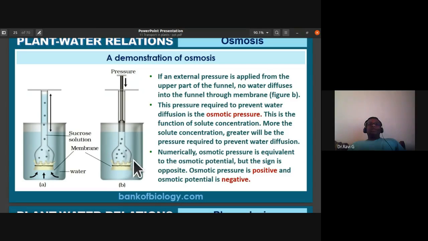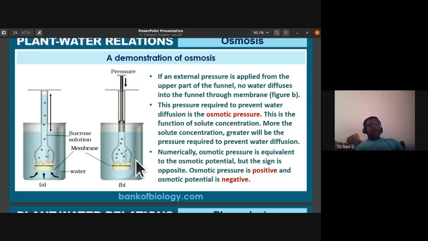Numerically, osmotic pressure is equivalent to osmotic potential. What is osmotic potential? The magnitude of solute dissolved in water, we call it the solute potential or osmotic potential.